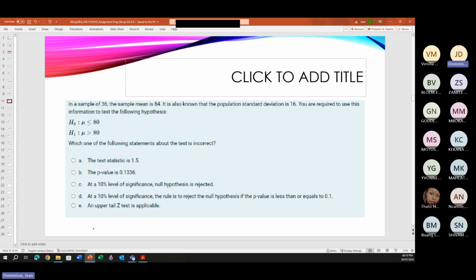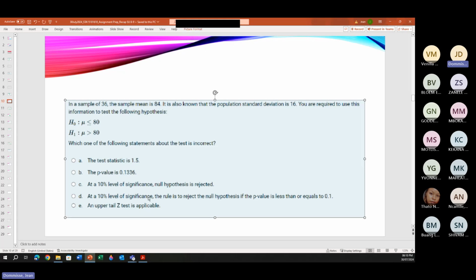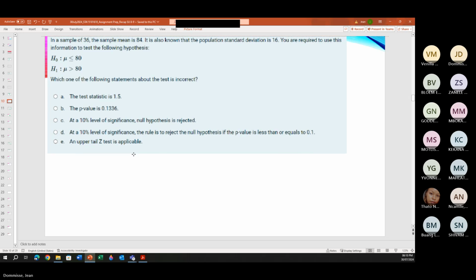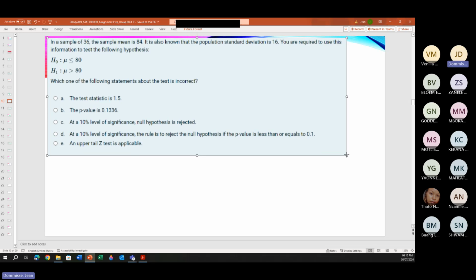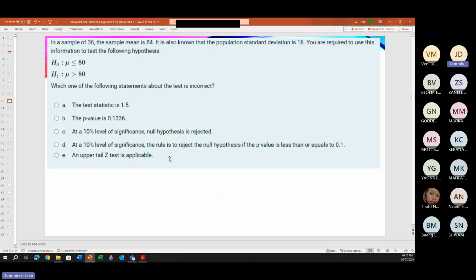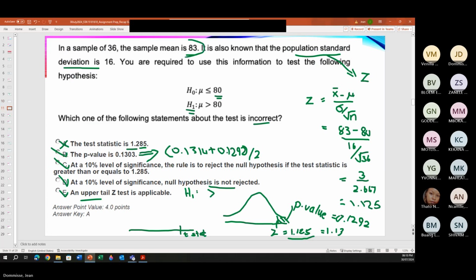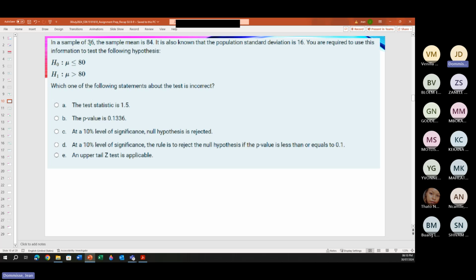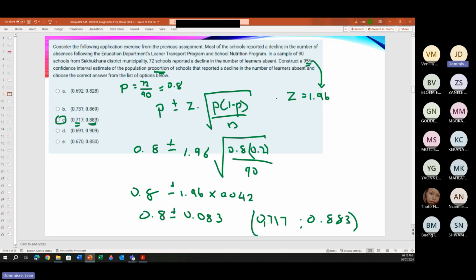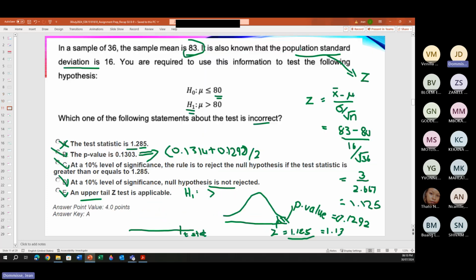So this one we are going to look at, what I've done is from our last session. The only thing in this question that changed from our last session is the sample mean. If you look at it, sample still 36, the sample mean has changed, population standard deviation of 16, where it was population standard deviation of 16.